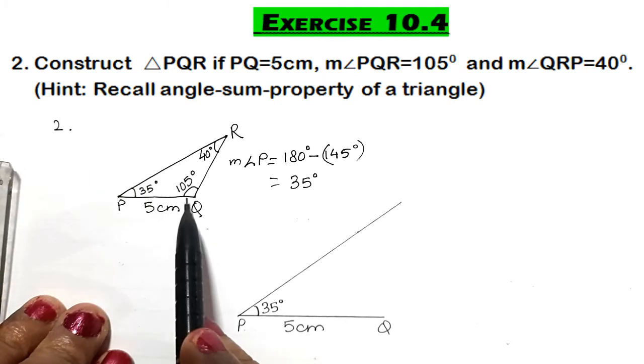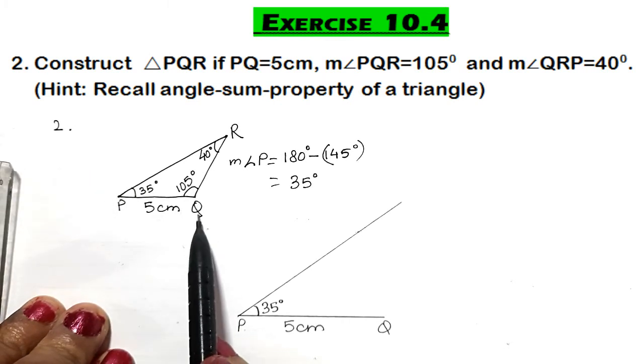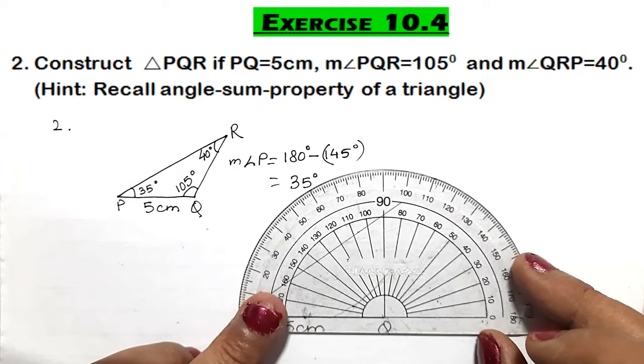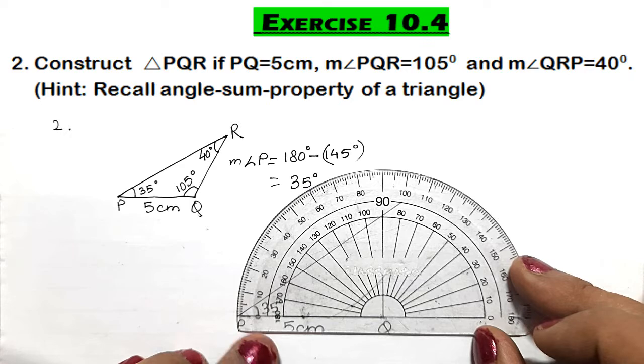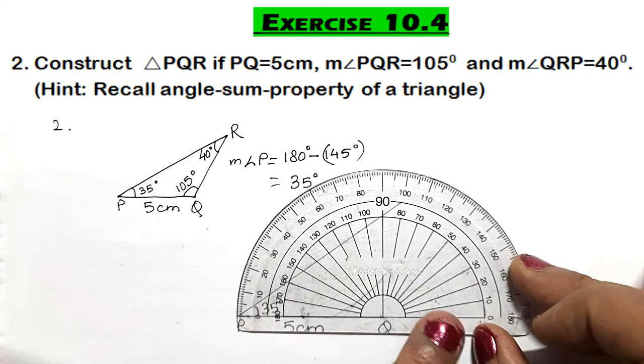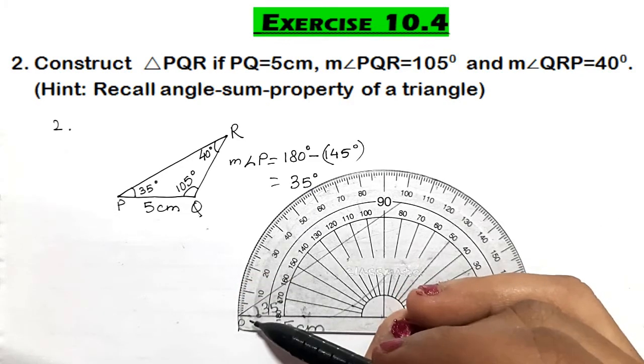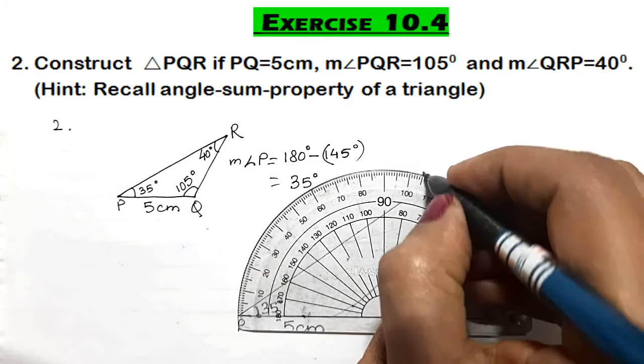Next is 105 degree at Q. So that also I'll be doing with protractor. The one which starts from 0, I point it here.